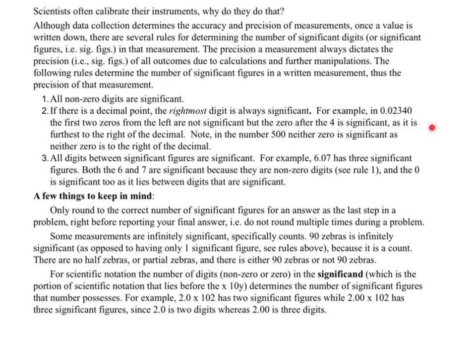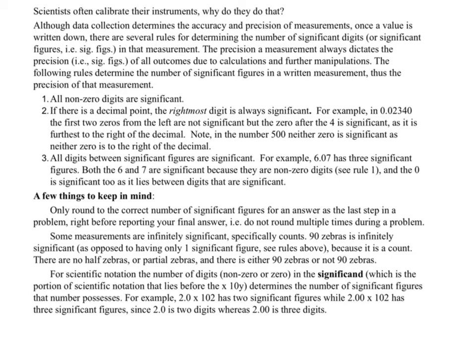Anything that is furthest to the right of the decimal, no matter what it is, even if it's a 0, is significant. And all digits that lie between significant figures, no matter how many there are, are also significant. Those 3 rules will help you determine how many significant figures any normal number that you write down might have.